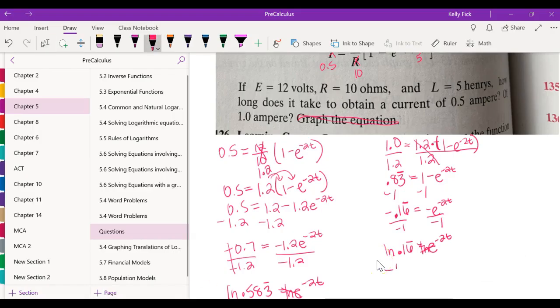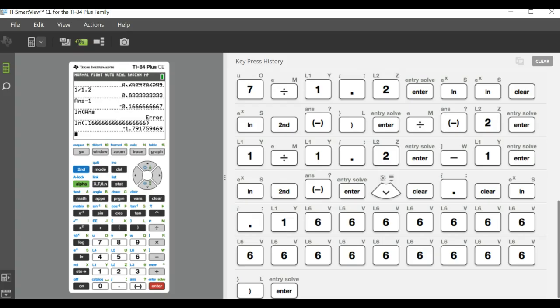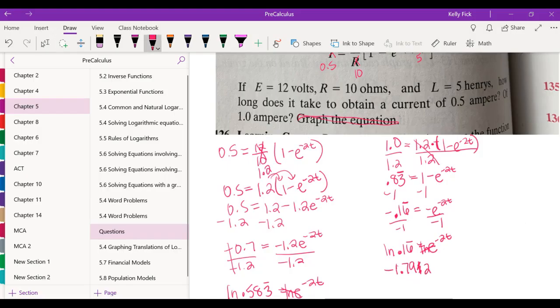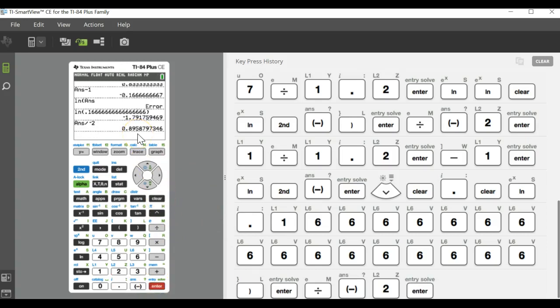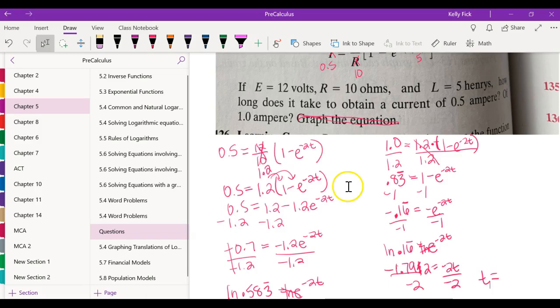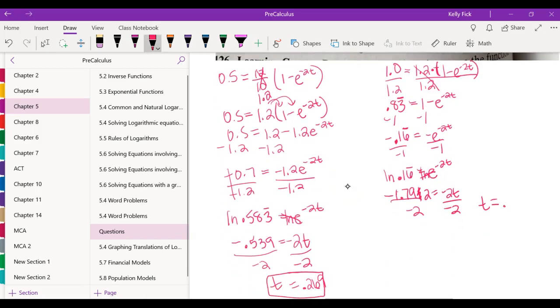So I have negative 1.791, I think it was, 92 it should be, equals negative 2T. Divide by negative 2, and we'll finally have the answer we're looking for, which is 0.896. So notice that even though we doubled that side, it didn't double our answer. It multiplied it almost by 4.